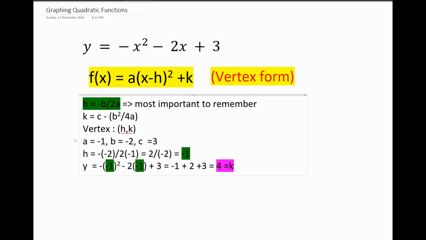Negative 1 squared minus 2 times negative 1 plus 3 will result to negative 1 plus 2 plus 3, which is equal to 4. So we now have our k as 4. Thus, our vertex is negative 1, 4. So we now have one of the important points in your parabola, which is the vertex.